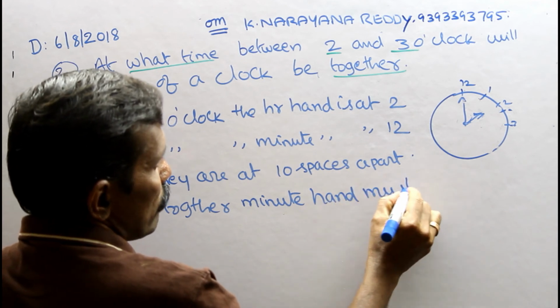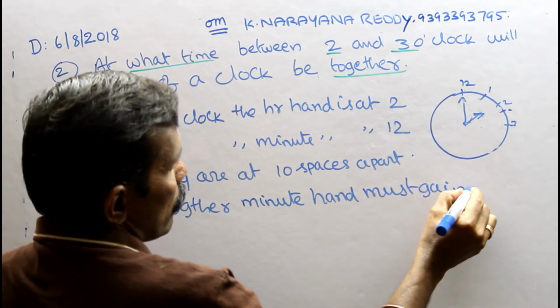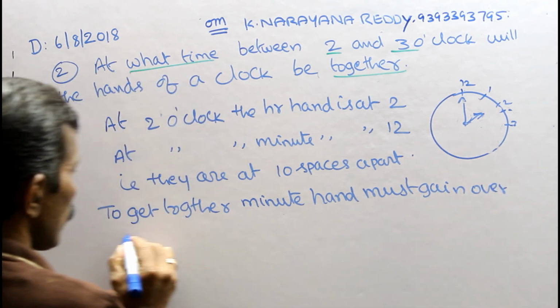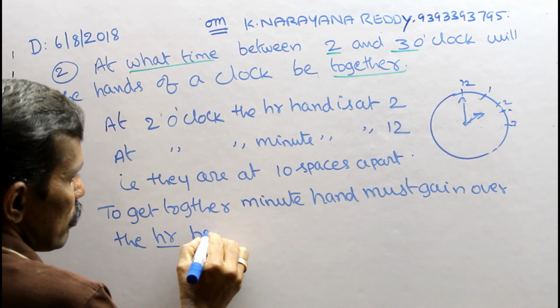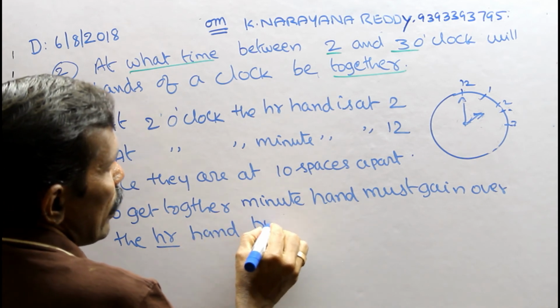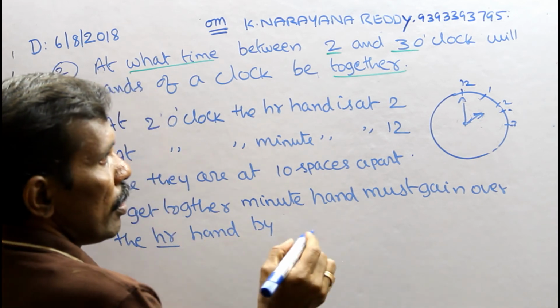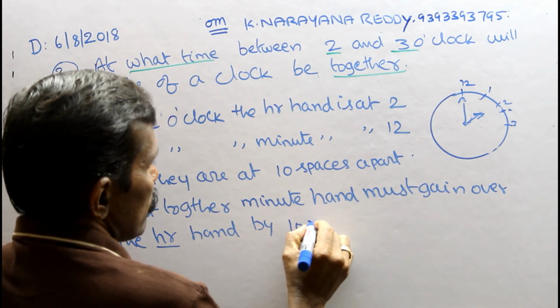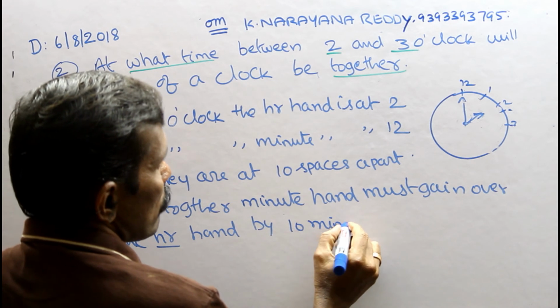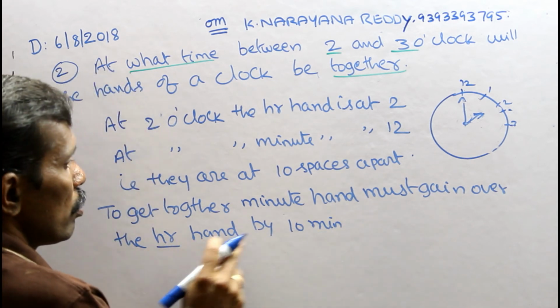So to get together, the minute hand must gain over the hour hand by 10 minutes.